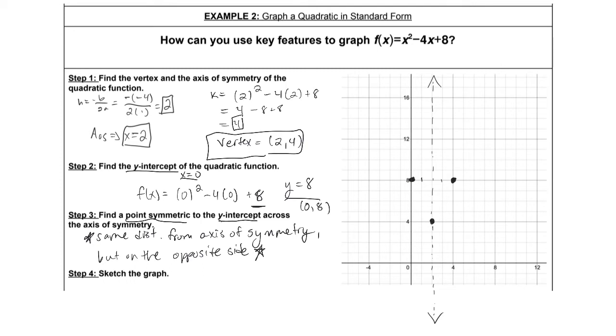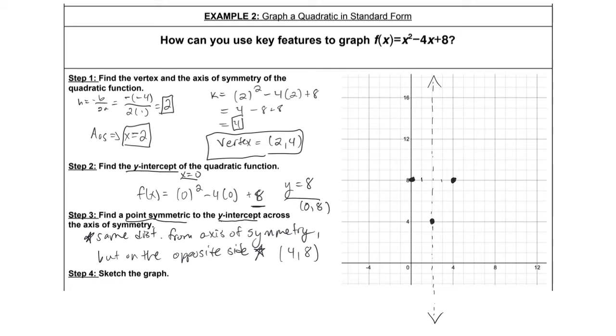And so that point is 4 comma 8, right? 0, 8 was 2 to the left of our axis of symmetry, so we need to go 2 to the right to find the symmetric point, and that's 4 comma 8.